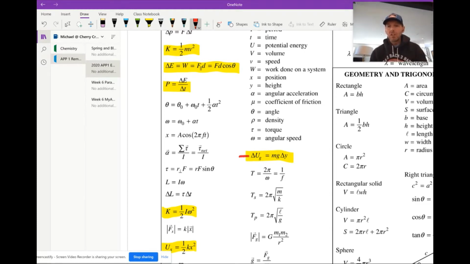Potential gravitational energy, definitely could. Spring potential, this one definitely could. There's springs there. Rotational kinetic energy? No, nothing's rotating there. Kinetic energy of an object, yes.